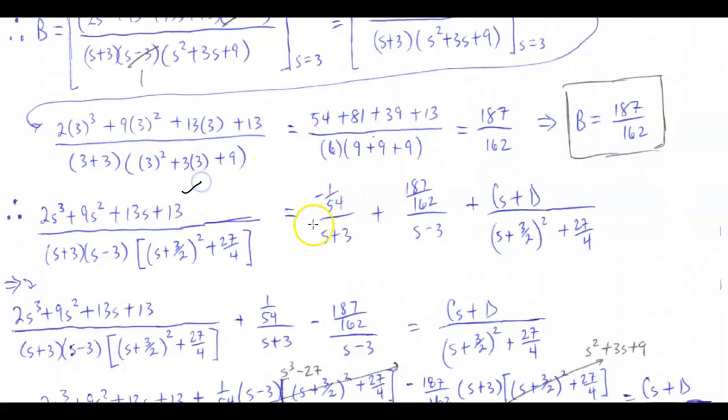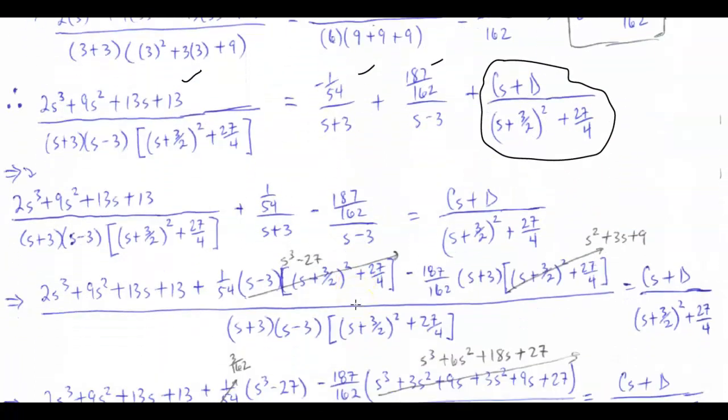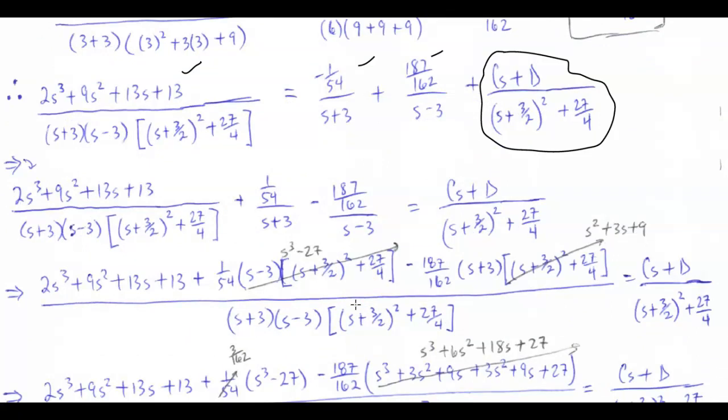So after that, we see that our quotient here is just equal to these two terms here with the A and the B in. And of course, our goal is to get this by itself. Once we do that, it's just a matter of a bunch of algebraic manipulation to get it to where we need to be. The main thing we want to remember is that in order to get it in this form, notice that what's over here has this extra s plus 3 times s minus 3.